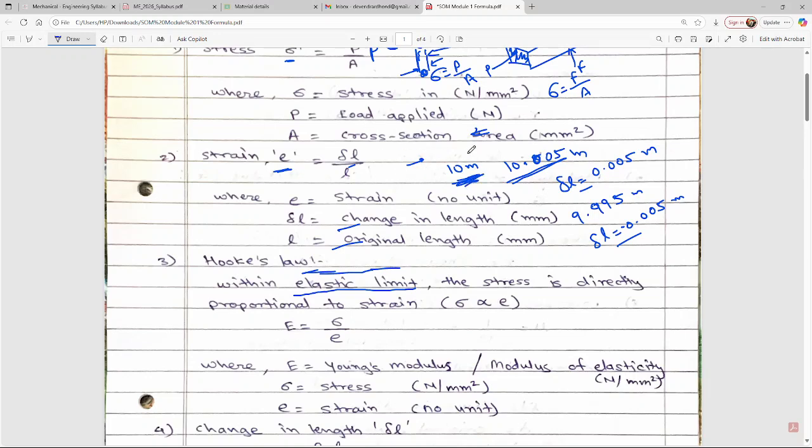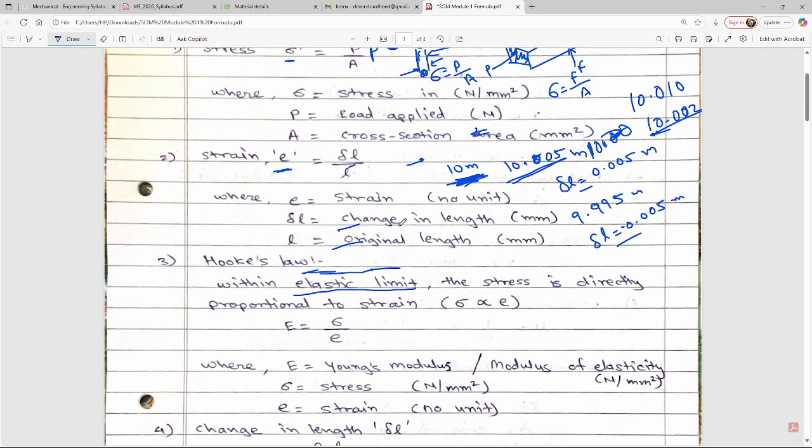If it goes beyond the elastic limit, it will expand up to 10.010, and after releasing the load, its length will be 10.002. So it remains changed, right?